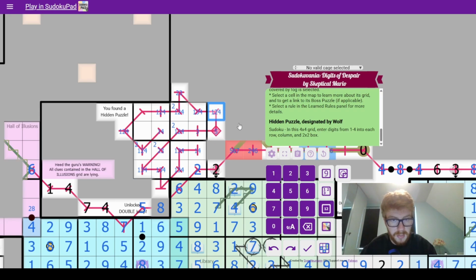Now we have an... okay, and that corresponds to that digit. But that's not a 3 anymore. So we know that that's a 1 or a 4. That's the second digit, so that's a 1 or a 4. So that has to be a 2. Then that is the 1, 2, 3, 4. So we know that that's a 3, so that's not a 3 anymore, so that's a 1 or a 4.